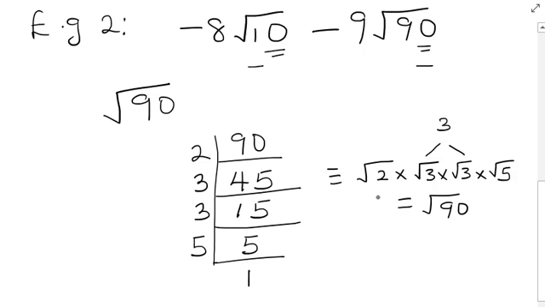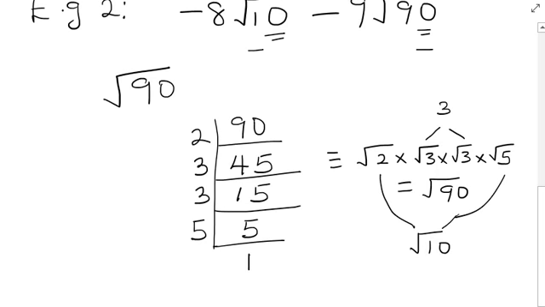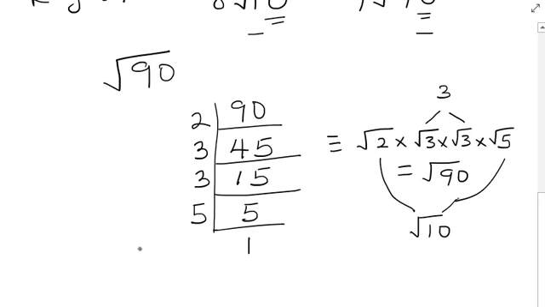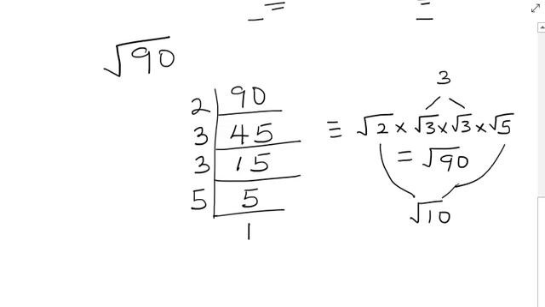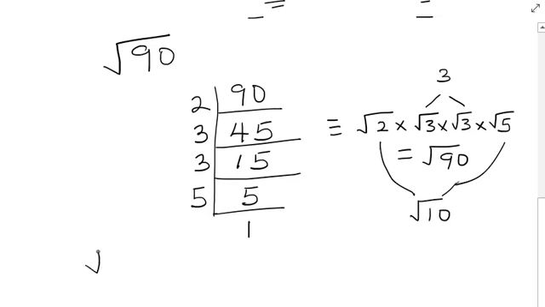And when we multiply root 2 and root 5 together, that will give us root 10. So that means root 90 can be rewritten. Root 90 is the same thing as 3 root 10.